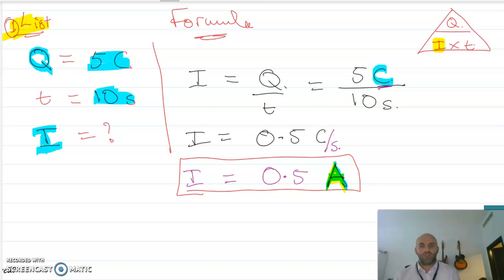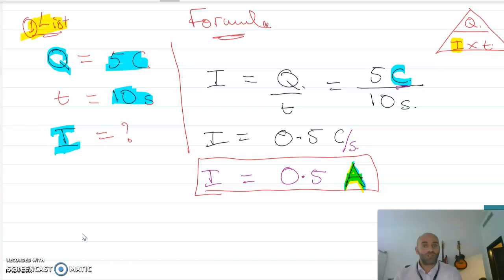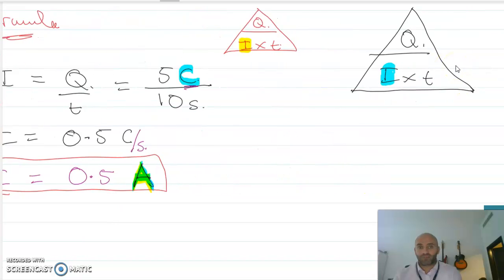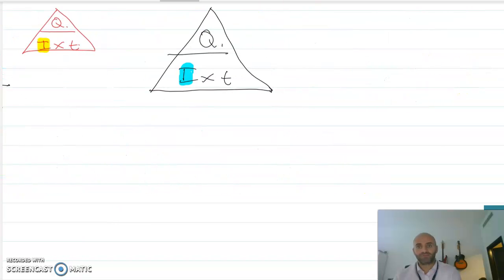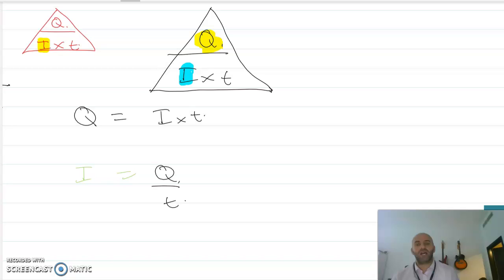Hopefully that makes sense to you. You should practice rearranging this triangle in terms of all of the variables. You've got Q equal to I times T. Cover the I, which we've just used, and you're left with the charge divided by the time.